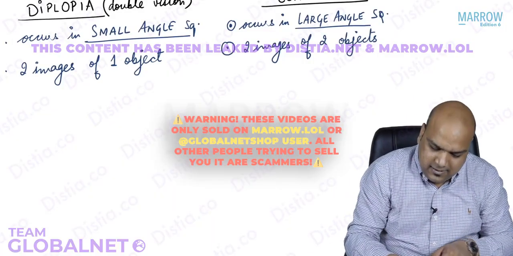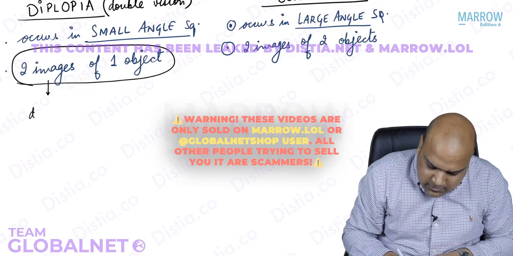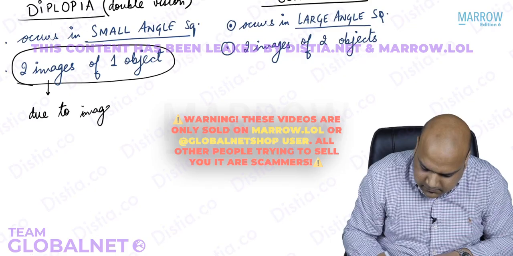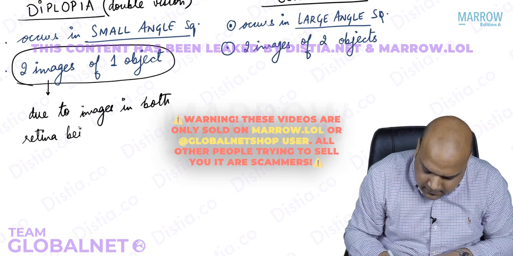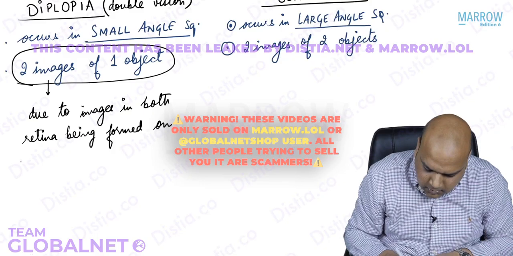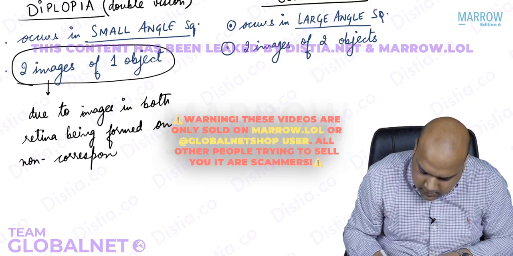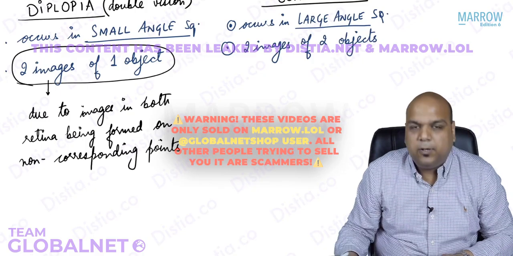So what we are writing here is that two images of one object form due to images in both retina being formed on non-corresponding points. I hope you understand this.